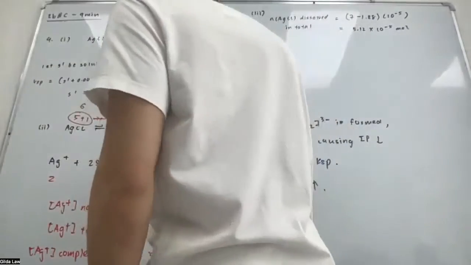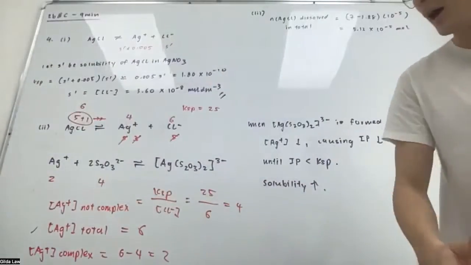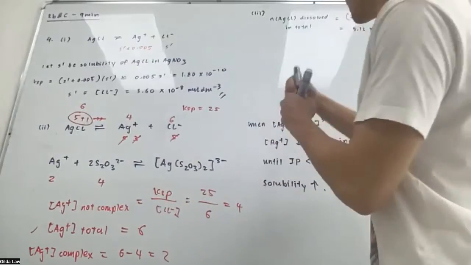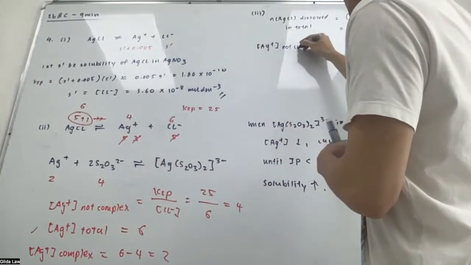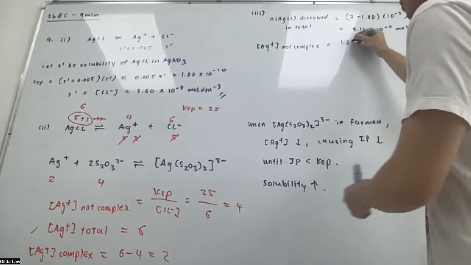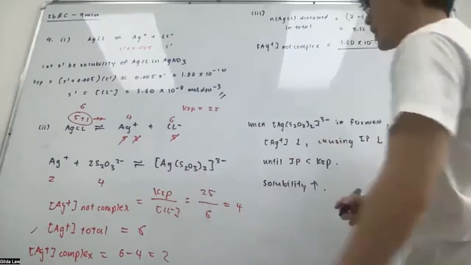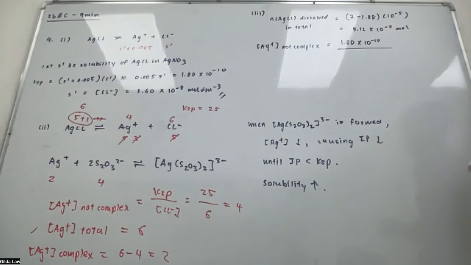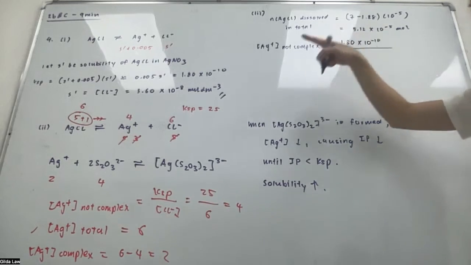Can you all see this AgCl dissolved in total is this part over here. How do I find the Ag plus not used in the complex? Take the Ksp divided by the concentration of Cl minus. What's the concentration of Cl minus? Basically this number is the same, because it's 6 and 6.